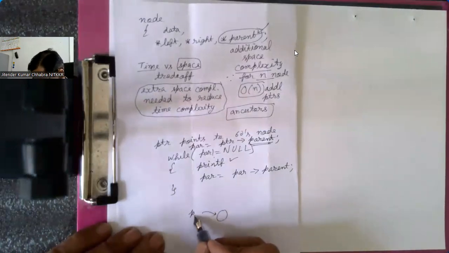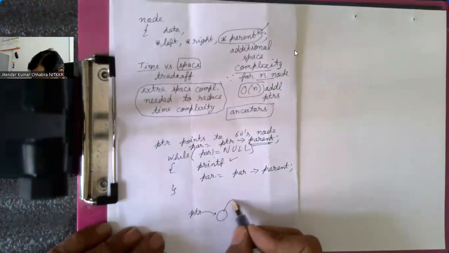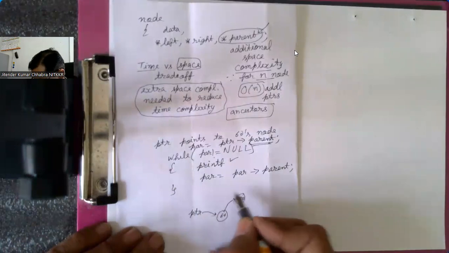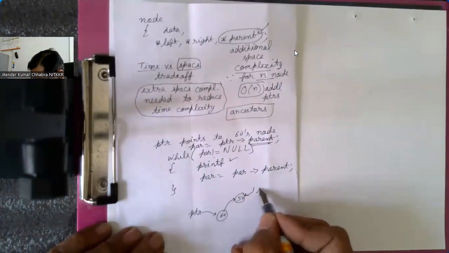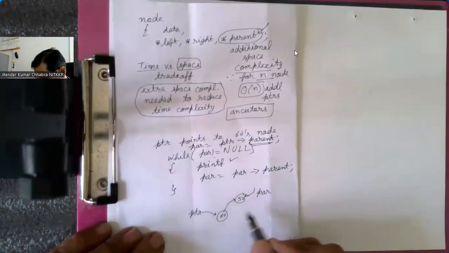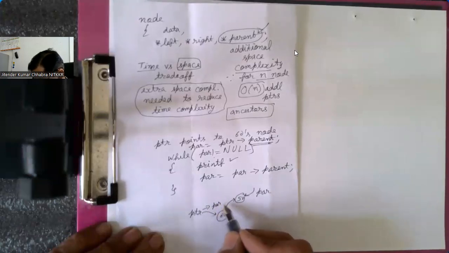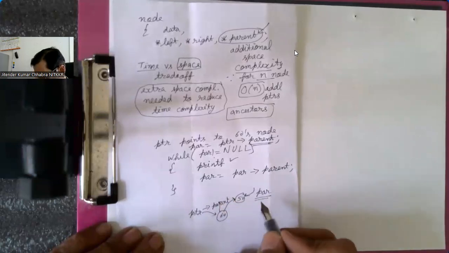This is my PTR. PTR's parent is this. So I will have a PAR pointer created and PTR arrow parent takes me to this node. And now PAR is ready.